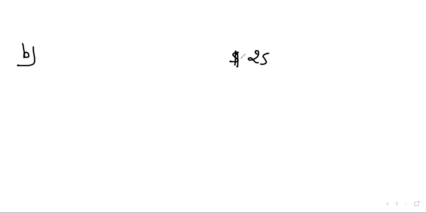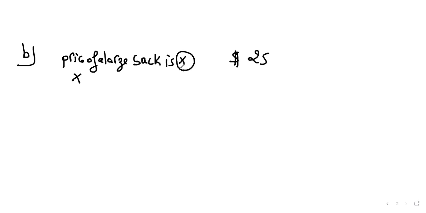Let's read again. So Rula buys a number of small sacks of fertilizer, so he is buying a different category. Each small sack costs $2 less than a large sack. So if I know that the price of a large sack is X, what is the price of a small sack?